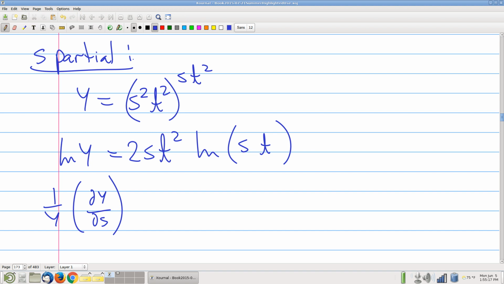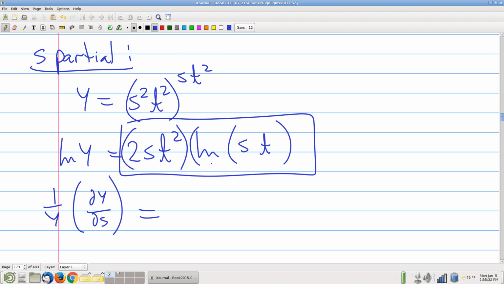Okay. So now we're taking the partial with respect to s of this thing, and oh my gosh, now there's a product rule. It's going to be kind of a pain. So let's view that as a product like that.